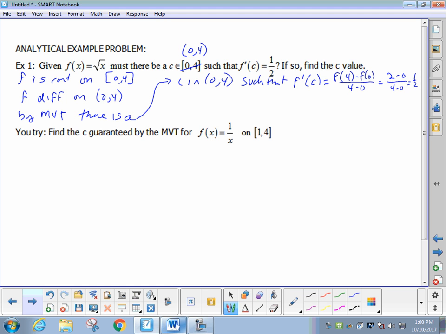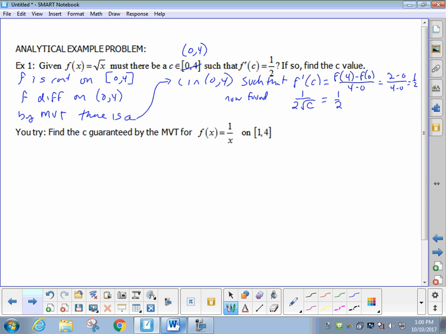Unfortunately, they also said, all right, now find it. Well, how do I find it? The right side's pretty much done. The average rate of change is 1/2. How do I work the derivative part? Set it equal. 1 over 2 root c, really, not x, because it's f prime at c, so I should be talking about f prime at c with a c in there.